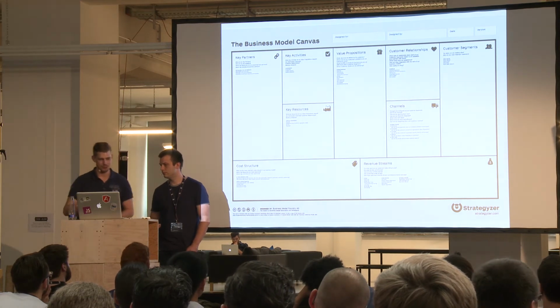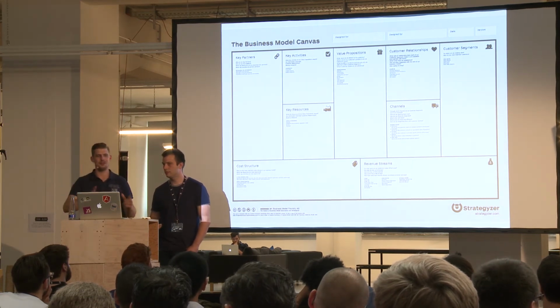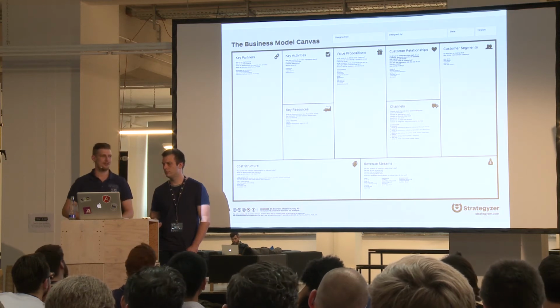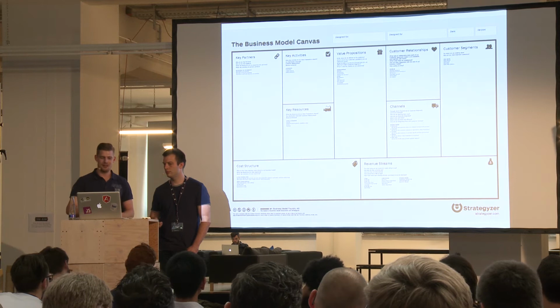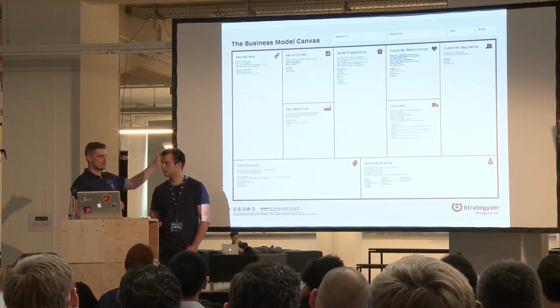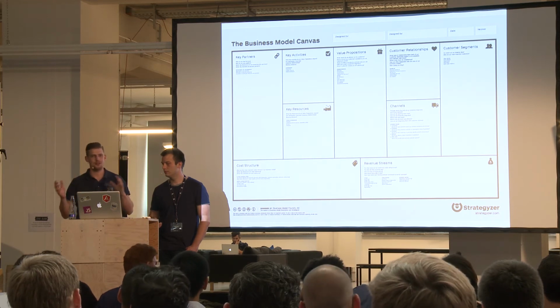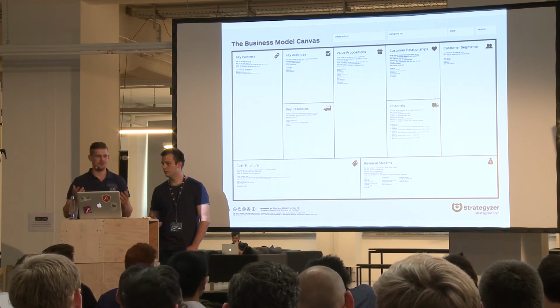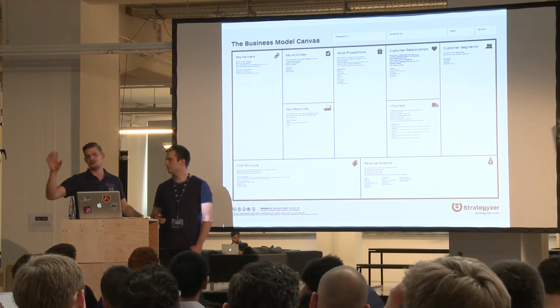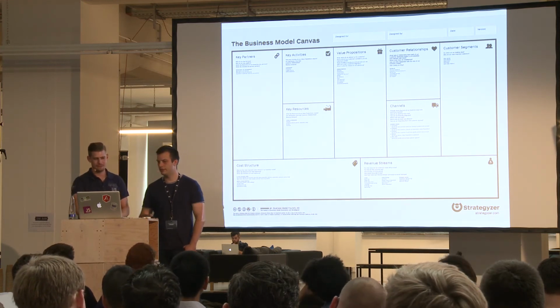And that's changeable, because as a startup you have this idea and it will change. So normally you update this canvas on a regular basis, like weekly or monthly, and you add some new stuff to it, and then you can compare them to see what has changed from the first one to the last one. It's not engraved in stone.